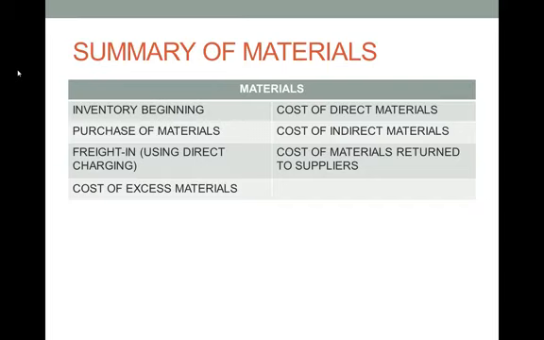Then, another debit is purchase of materials. By the way, materials have a normal balance of debit. So, next, freight in.